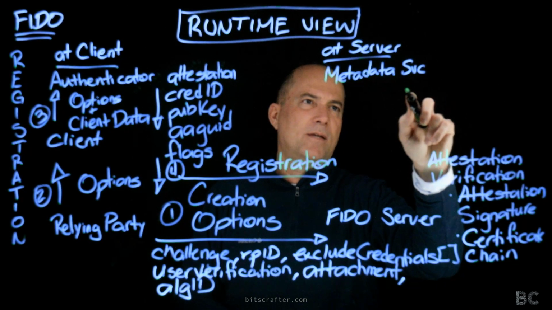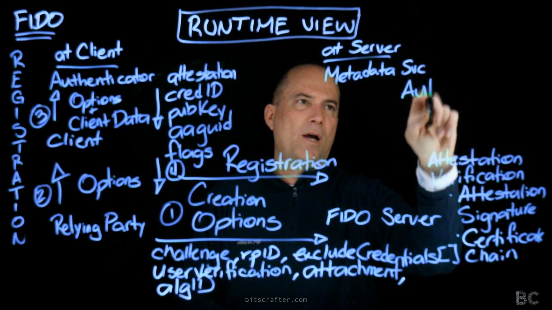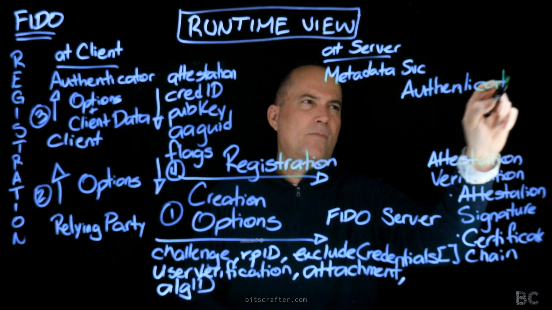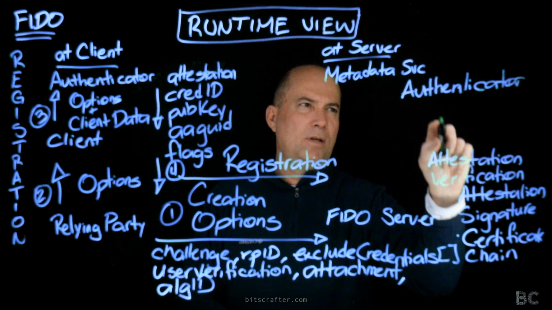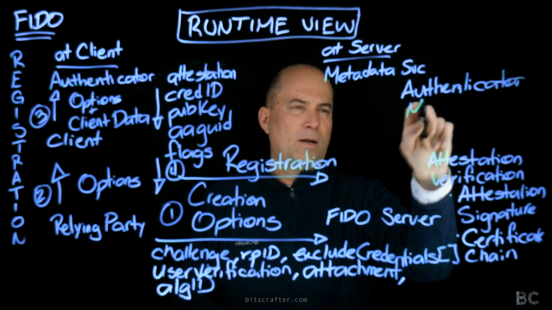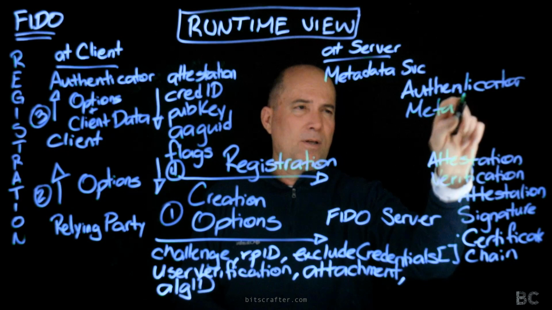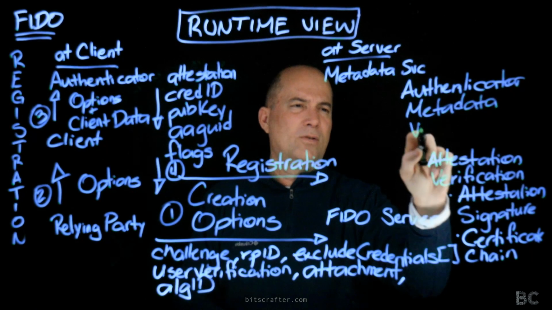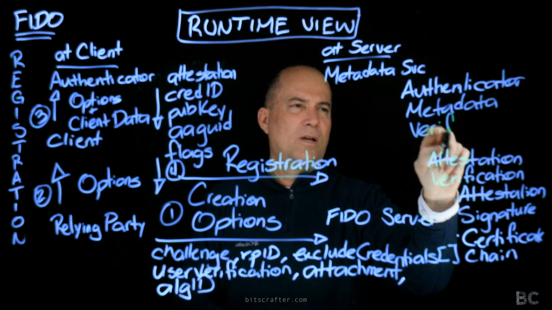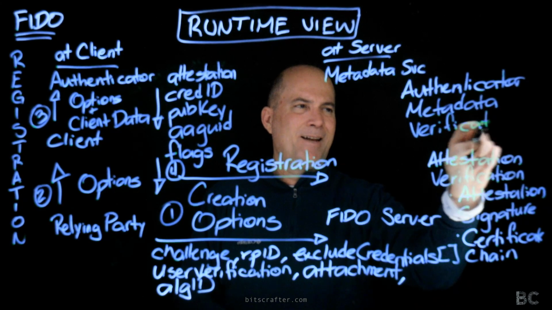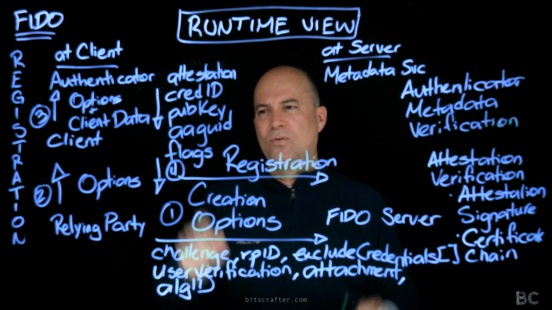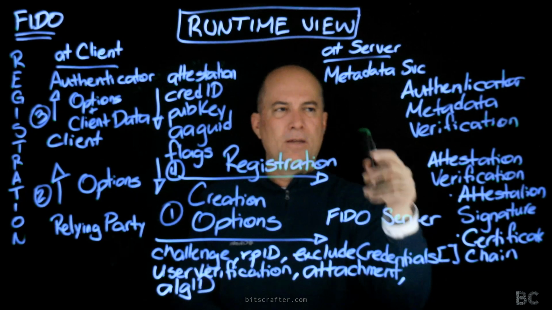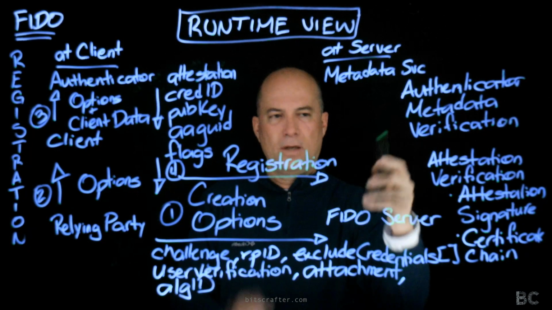So let's say that because I need to feel comfortable about the capabilities of the authenticator in order to accept or not the registration, then probably using this AAGUID, I just look up the metadata for this particular authenticator.